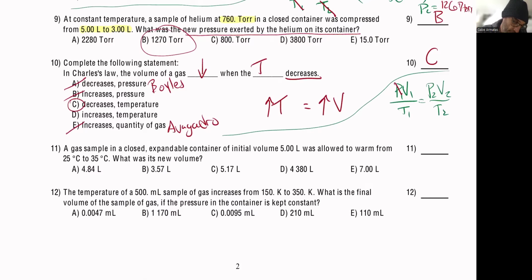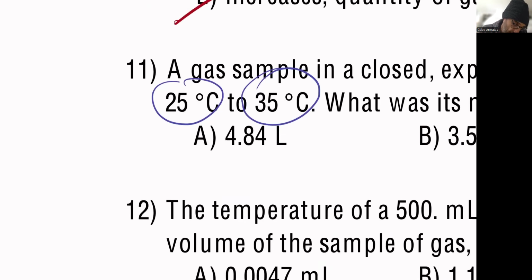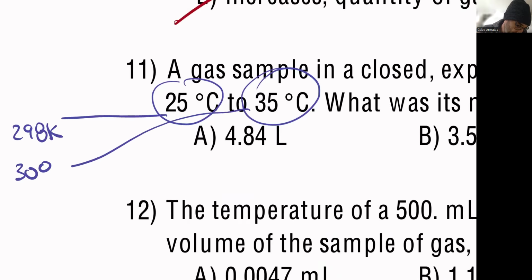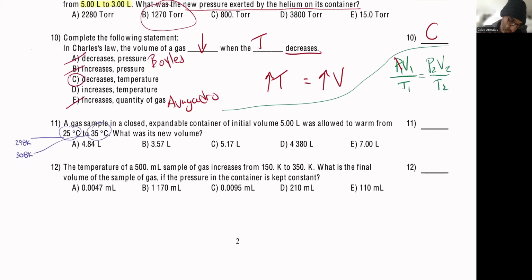The other thing that we have to recognize is that these temperatures are in degrees C. They're not allowed to be in degrees C. So we have to make sure that we convert these into Kelvin. 25 in Kelvin is 298 K. 35 is 308 K. Now we are ready to plug these in and solve our problem.